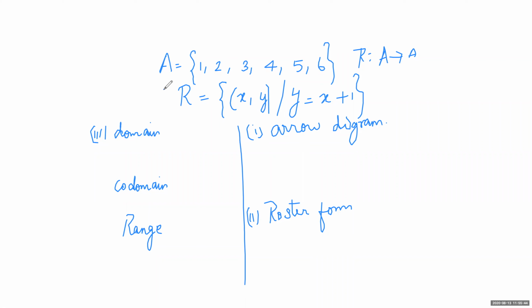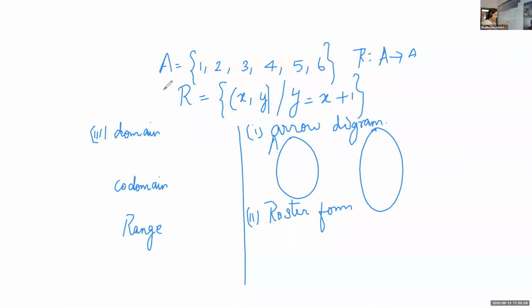So how will you draw the arrow diagram here? You represent the first set and second set, isn't it? The first set is also A, the second set is also A here. Then you mark all the elements in the set A: 1, 2, 3, 4, 5, 6.